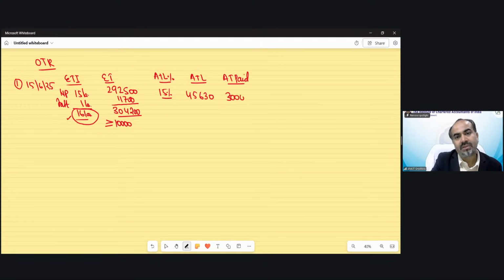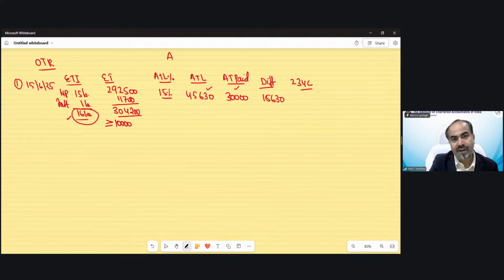Now the problem arises. Whatever would be your advance tax liability on a specific date, as in this case, it is 45630. And if advance tax is not paid completely, then the difference, that is 15,630, you have to pay interest under section 234C. So we are discussing an example of advance tax as well as section 234B interest as well as 234C interest combinedly.